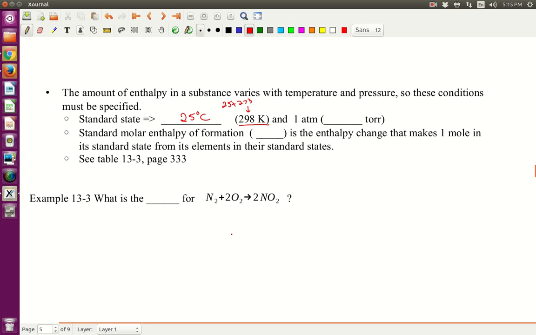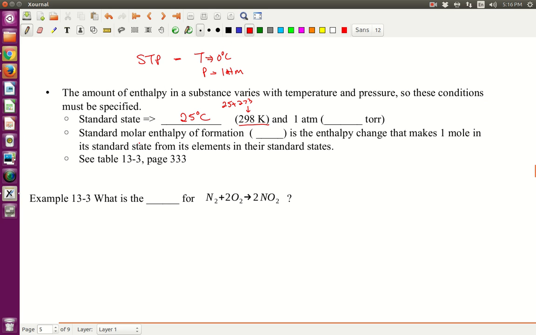All right, now what is the difference between standard state and the standard temperature and pressure? Well, standard temperature is 1 degree Celsius, but standard state is 25 degrees Celsius. I'm sorry, standard temperature is 0 degrees Celsius. So STP, the temperature would be 0 degrees Celsius and the pressure would be 1 atmosphere. We had to use those already.